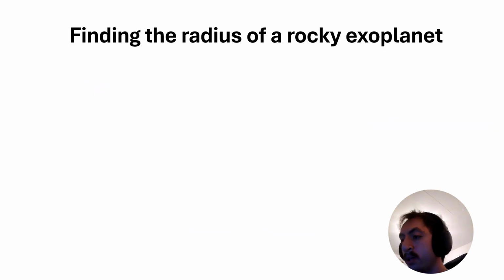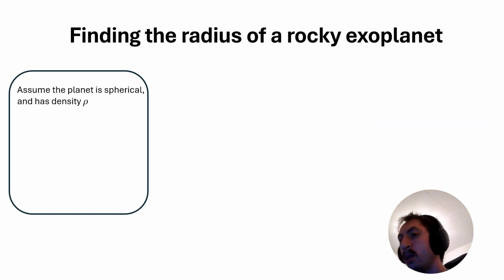So if we look at it, the Earth is a rocky planet and it's about spherical, and most planets, unless they're spinning really, really quickly, are approximately spherical.